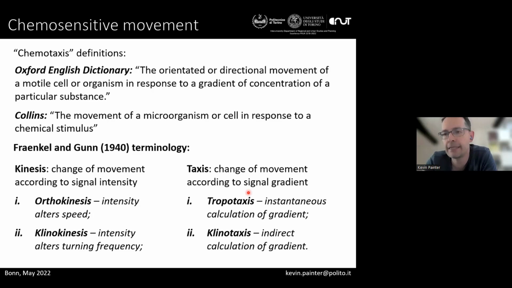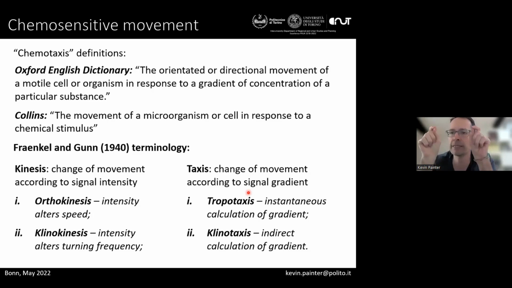So that's how a kinesis was described. And then a taxis is effectively a change of movement according to a signal gradient, so being able to detect a spatial gradient in some substance. And again, that has further sub-definitions: tropotaxis, where you're able to instantaneously calculate that spatial gradient. That would be like my dictyostelium cells, which compute the spatial gradient across their surface. But then there's other kinds of taxis, such as clinotaxis, where you indirectly calculate a gradient.